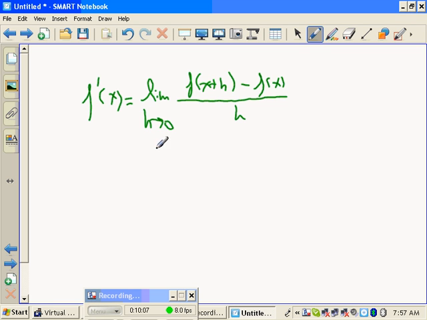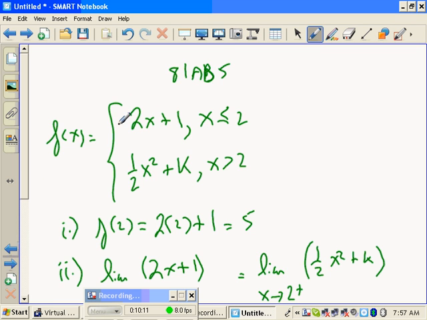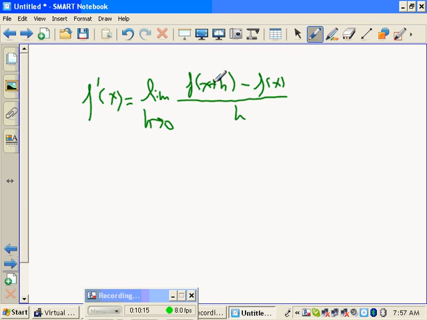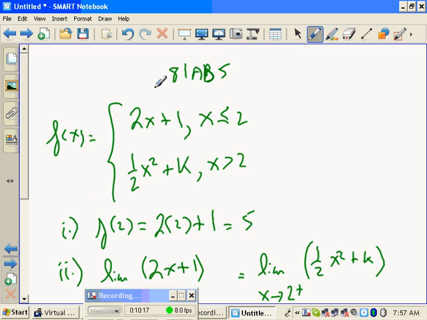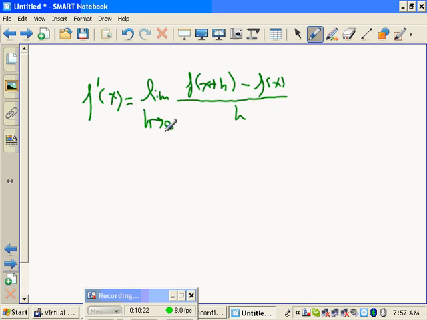Now this is where I got crazy. I was thinking on the left, we're talking about this function. So as h approaches 0 from the left, I'm going to use f is 2x plus 1, right? And on the right of 0, h is positive. As h approaches from the right, h is getting smaller and smaller from the right.